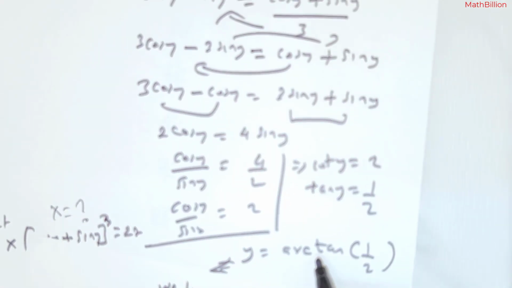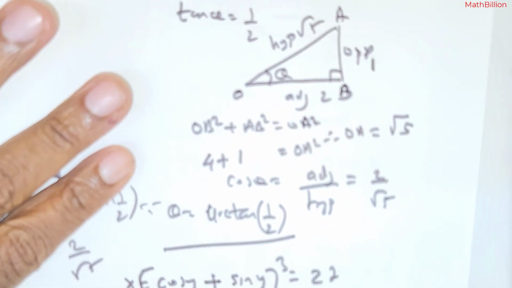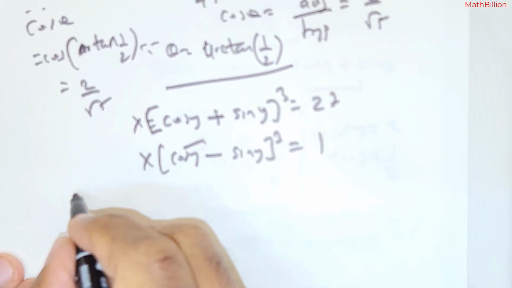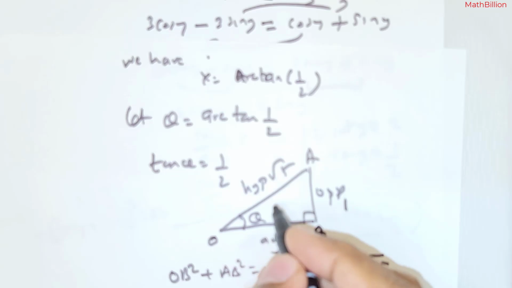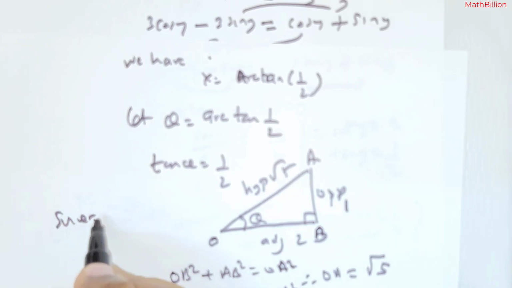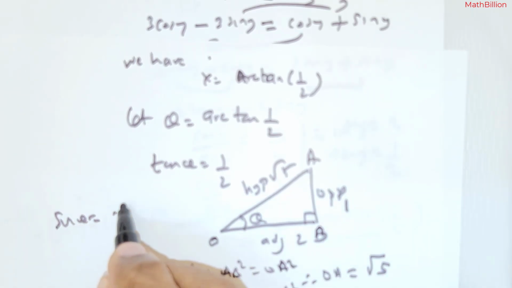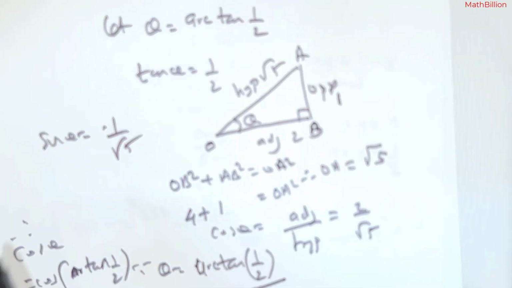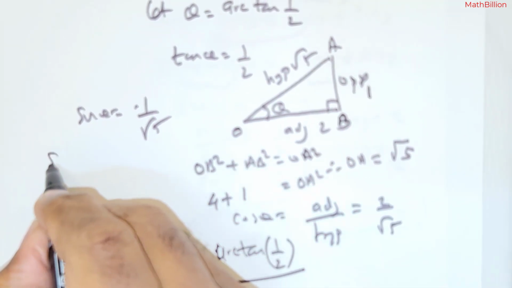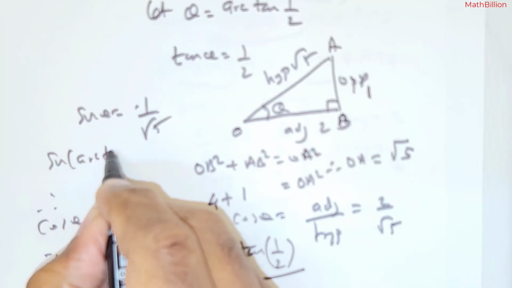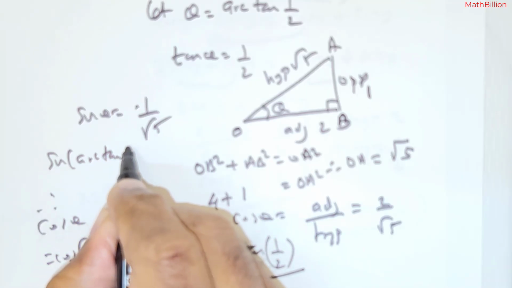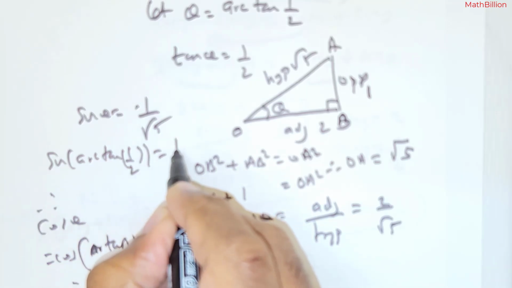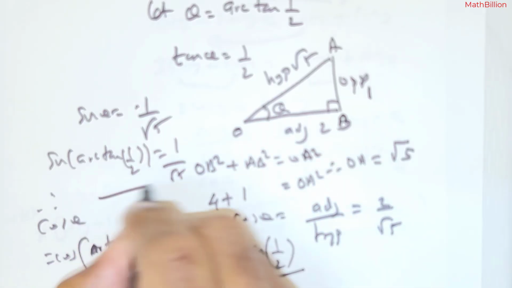Y is nothing but arc tan of 1 over 2. Now from here, sin theta is opposite side by hypotenuse, and sine of arc tan of 1 over 2 is going to be 1 over root 5.